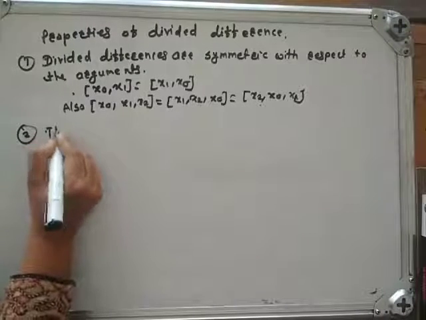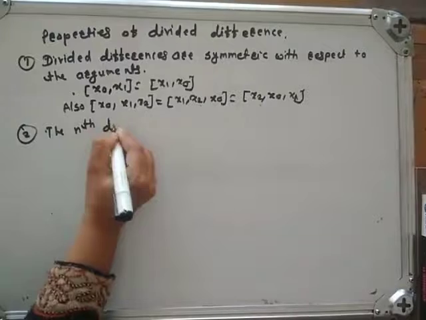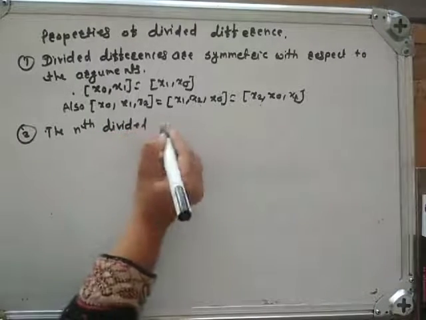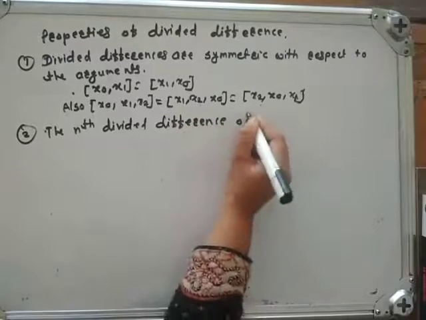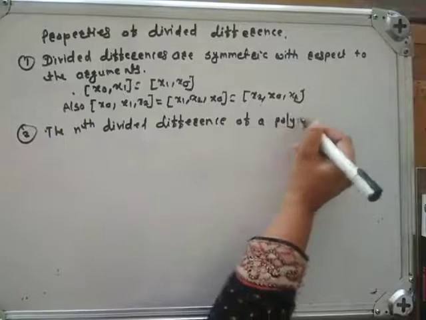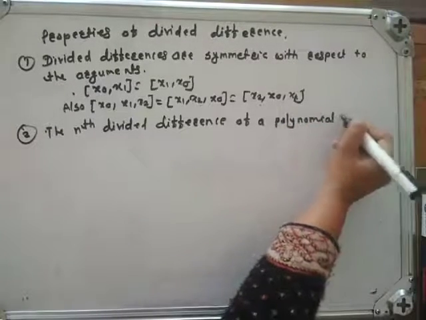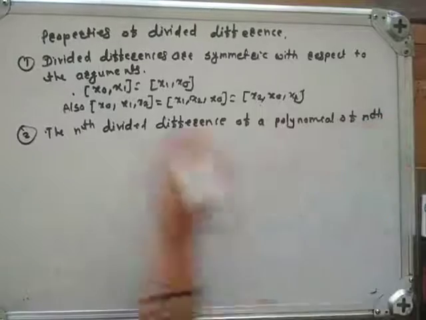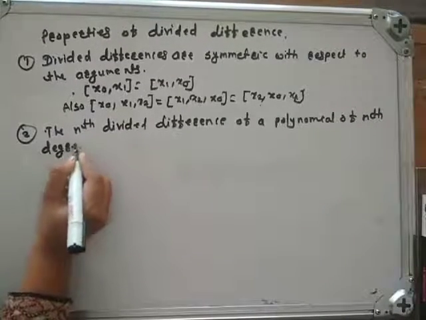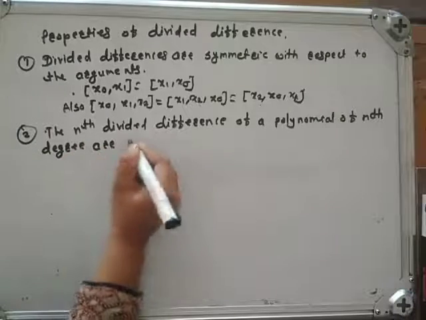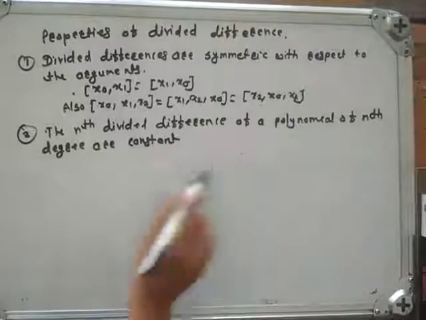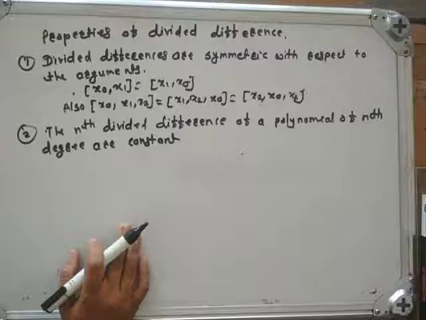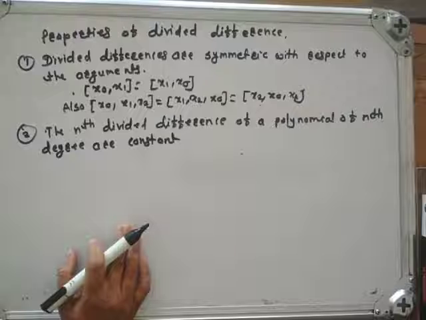The second property is that the nth divided difference of a polynomial of nth degree is constant.